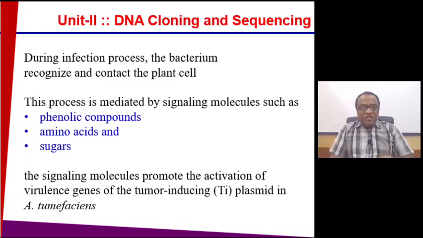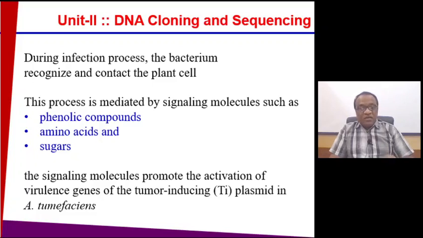During the initial stage of the Agrobacterium tumefaciens infection process, the bacterium will recognize and contact the plant cell. This recognition and contact is mediated by signaling molecules such as phenolic compounds, amino acids and sugars released by the injured roots.